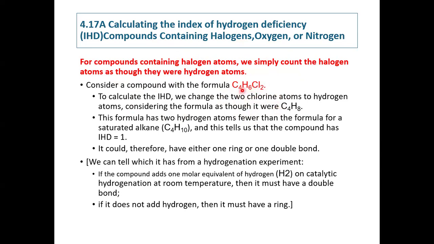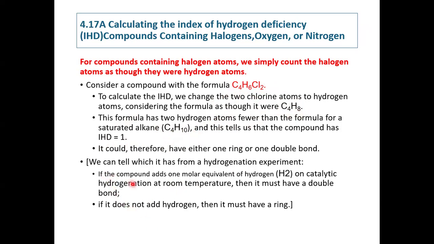So you can count this as if it's C4H8. Then you calculate the molecular formula for a normal alkane. Since you have 4 carbons, you will have C4H10. And then the difference between C4H10 and C4H8 is 2. Since it's 2, it's equivalent to a pair. So the index of hydrogen deficiency is 1 for this.